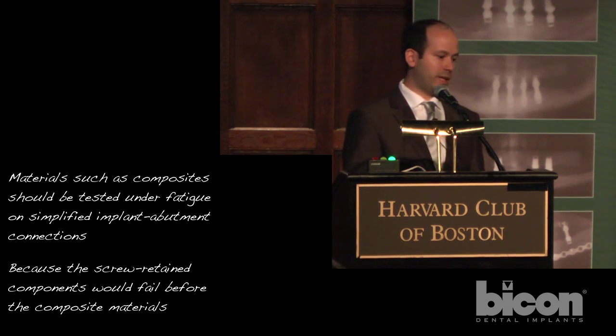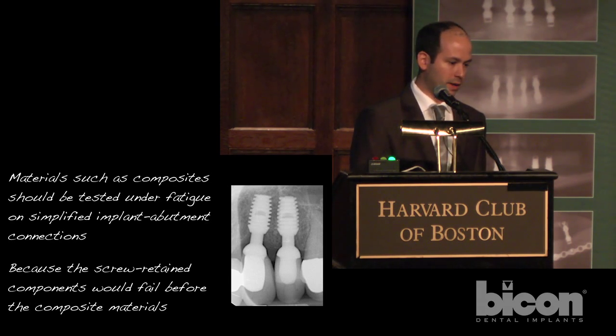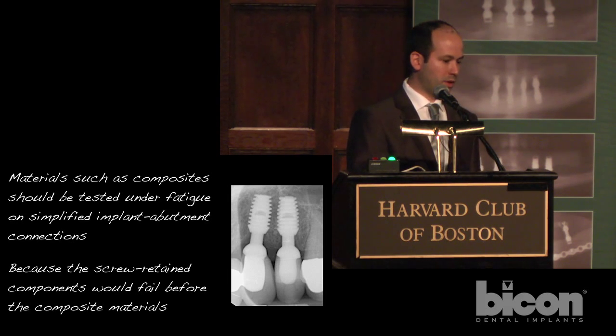So we've learned that materials such as composites should be tested under fatigue on simplified implant abutment connections. So we cannot have screws. We need a solid, monolithic abutment, just as you see, like the locking taper, because the screw-retained components would fail before the composite materials.